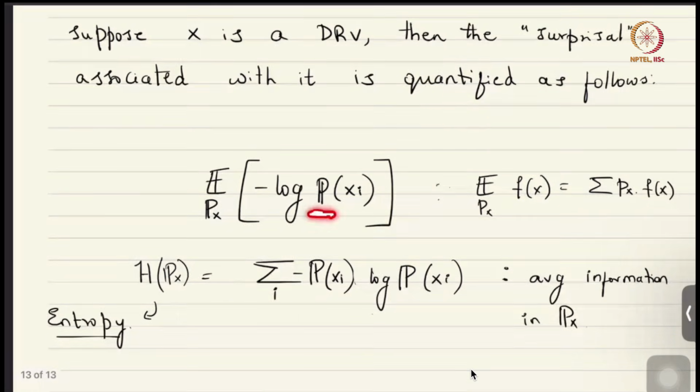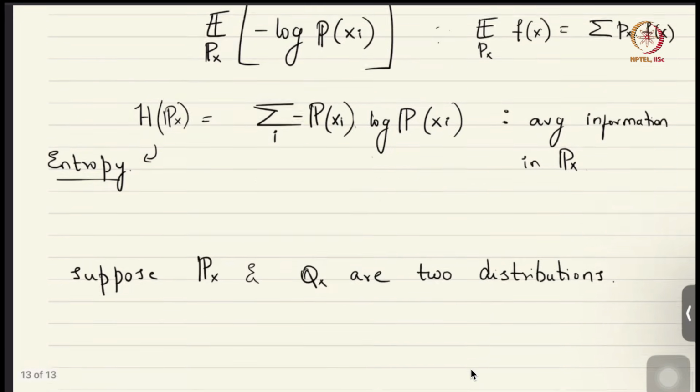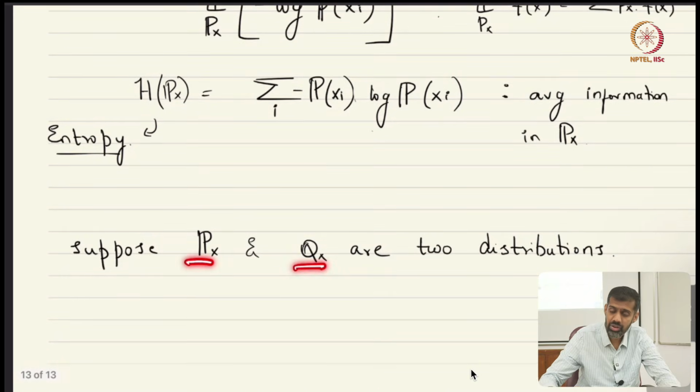Here this P is the mass function because we are looking at a discrete random variable. So when I write P and Q are two distributions, I am talking about mass functions again. So we have to be careful about that. Now we are looking at discrete random variables, because for continuous random variables there is something called differential entropy, which looks similar mathematically but interpretations are slightly different. But anyway, suppose P and Q are two distributions.